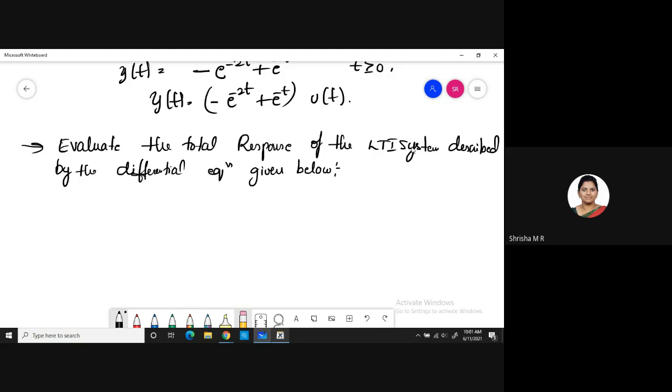So you have y double dash of t plus 4 times y dash of t plus 3 times y of t, which is equal to 36 t into u of t.